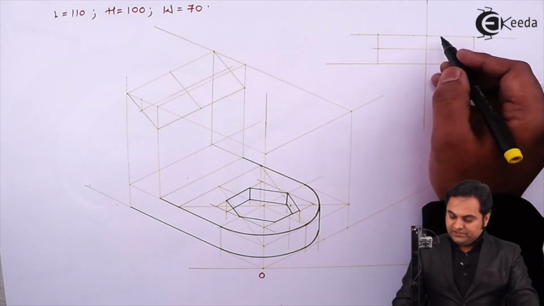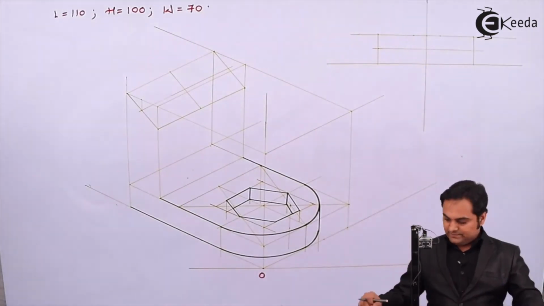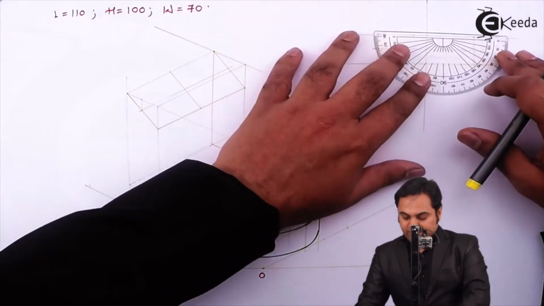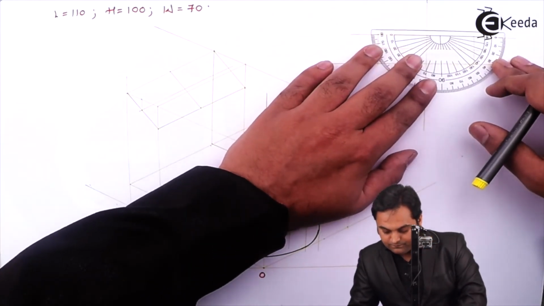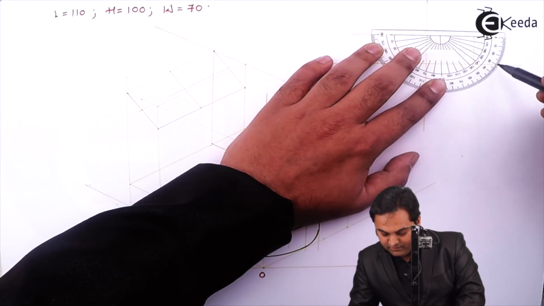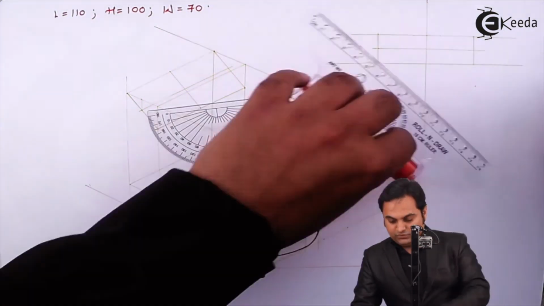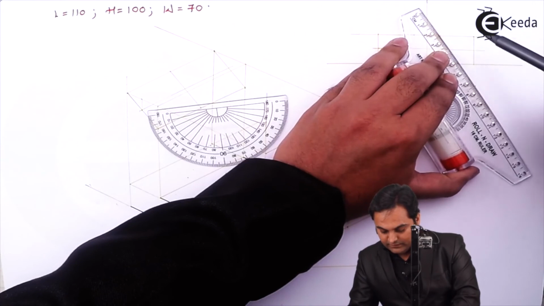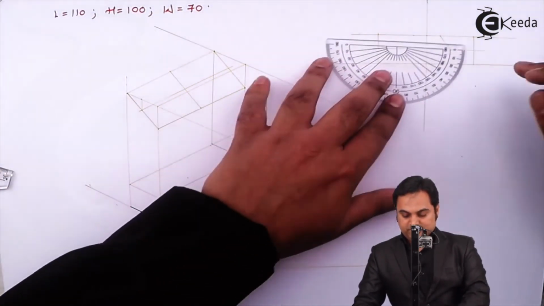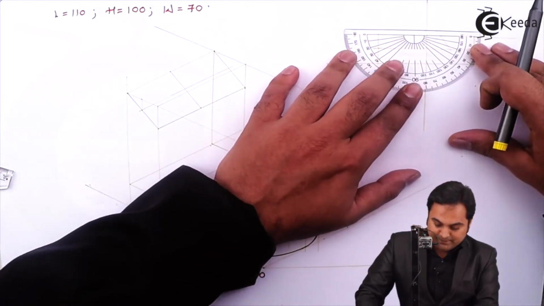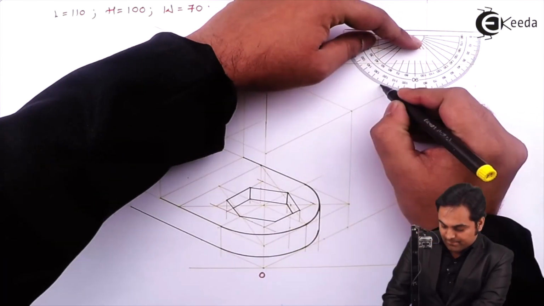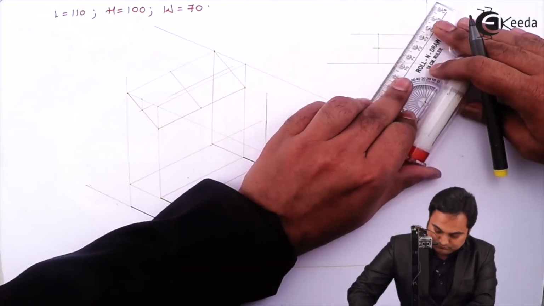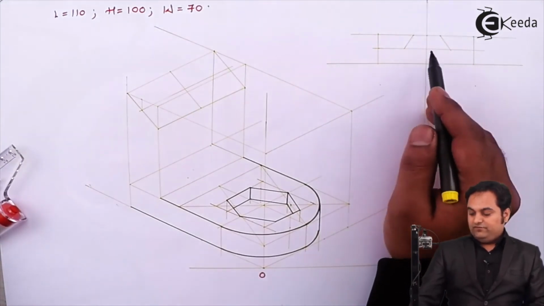So if it is 60 degree, for that case I'll keep the protractor here. From here I am measuring the angle as 60 degree, joining it with a light line. Next another 60 degree I'll measure from other side. Now this is the surface which I am getting.